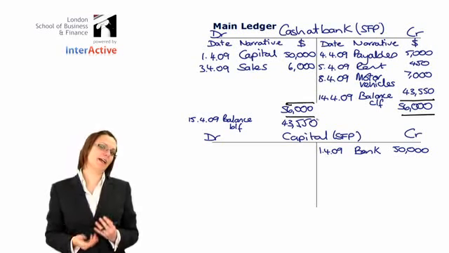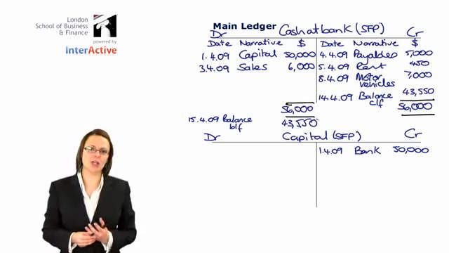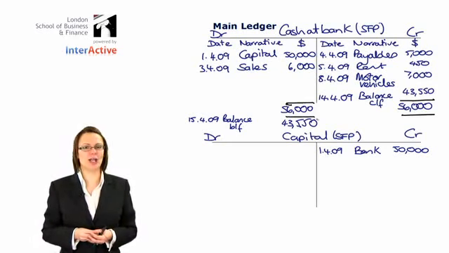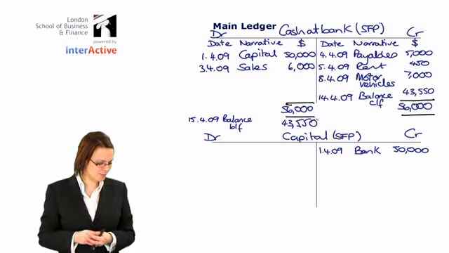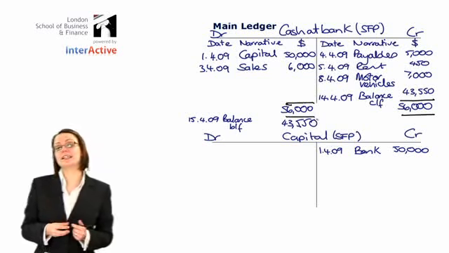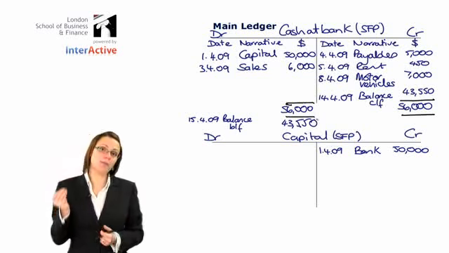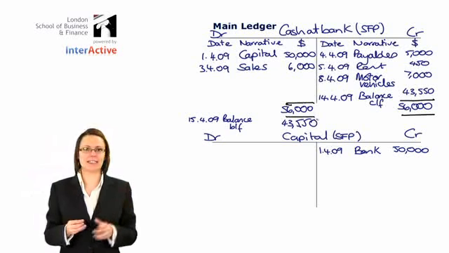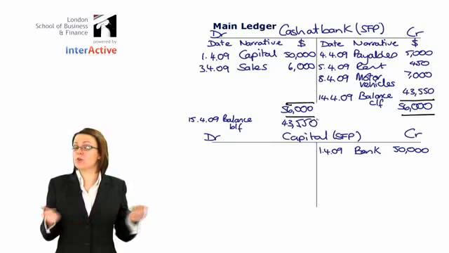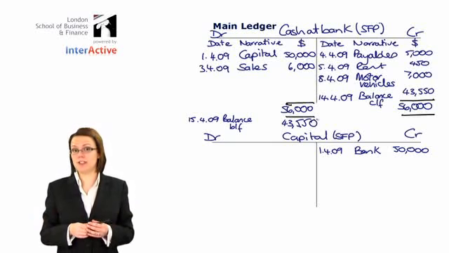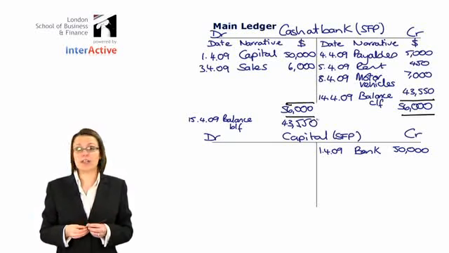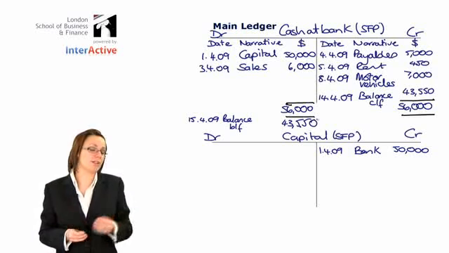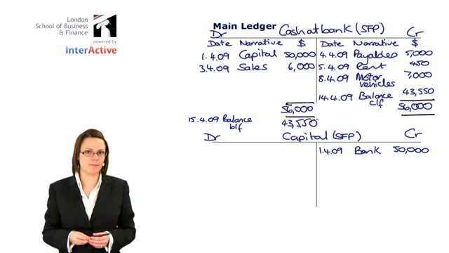Now, generally, cash at bank account will be the largest account. So you can see there that obviously that account is quite full at the end of the period. What we're saying is, though, that George has an opening asset at the bank at the start of the next accounting period. He has $43,550 left, and he can spend that however he wants in the next accounting period because he has that balance there.